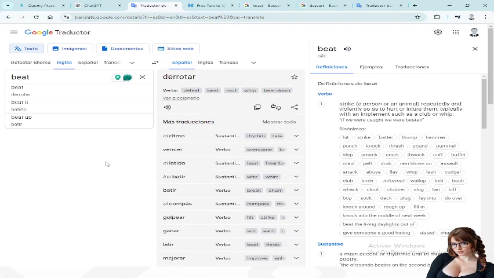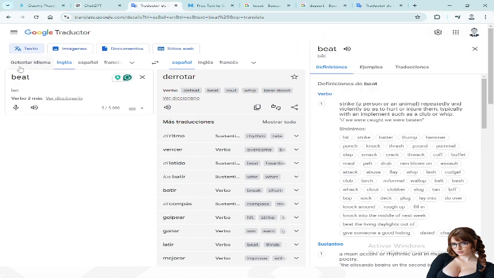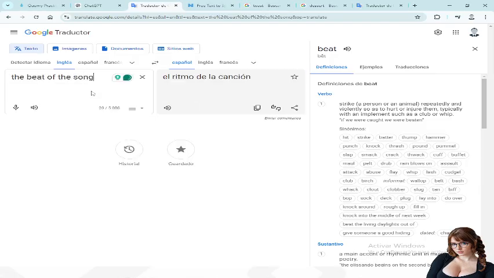It's a little bit similar to Spanish. But it depends on the context. If we are talking about a song, the beat is part of the song. It's like a rhythm.